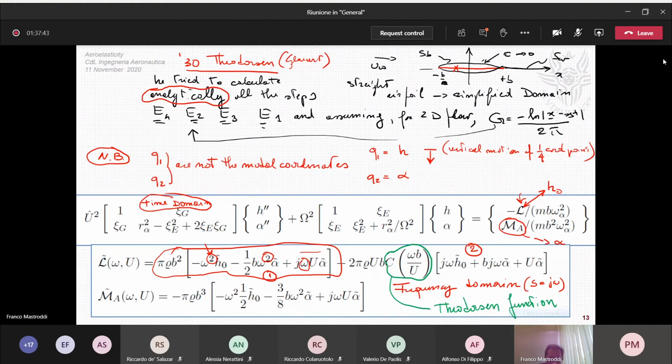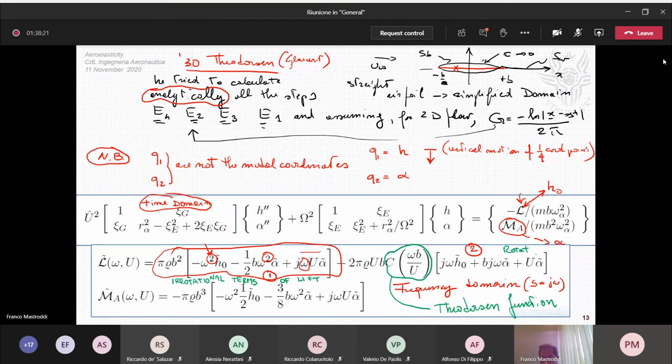Now, these terms here are also known in the literature as the irrotational term of the lift, or irrotational contribution of lift. This is the lift force. And this other part here is the rotational part.